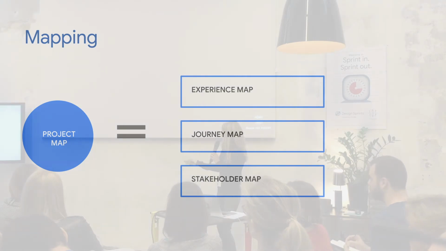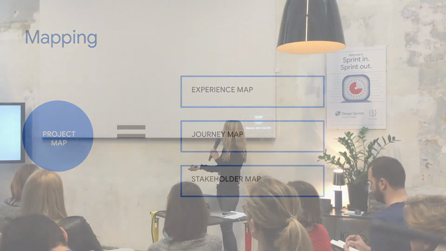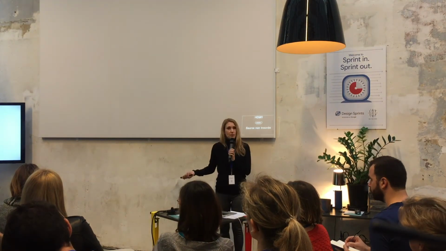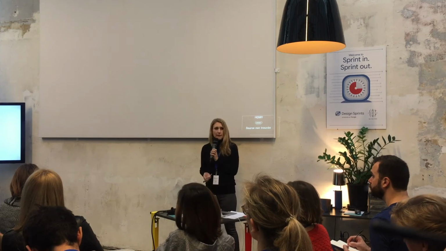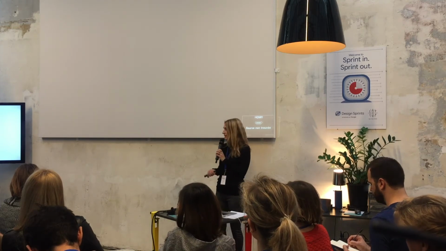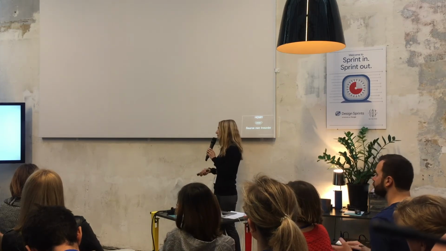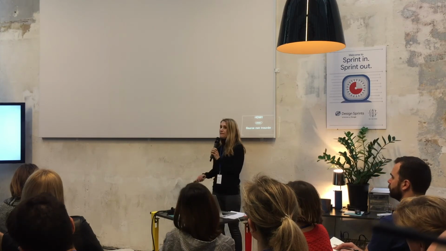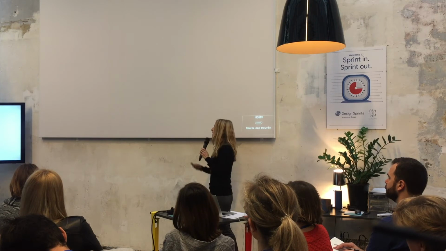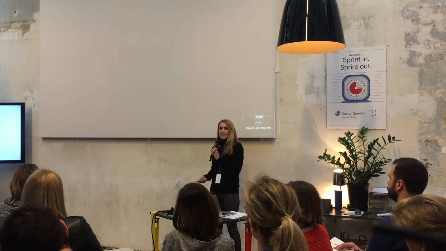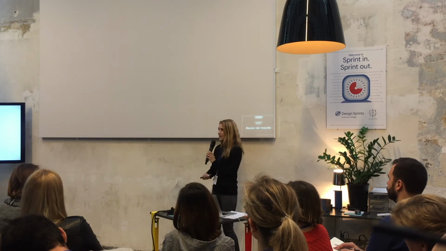But there are other mapping tools as well, and in our methodology we usually use experience mapping or journey mapping, and we rely heavily on that. We don't really use the project map, though some people might find it really useful. I'm not saying it's not a useful tool, but the words can be confusing because you're like, a map, are they the same thing?